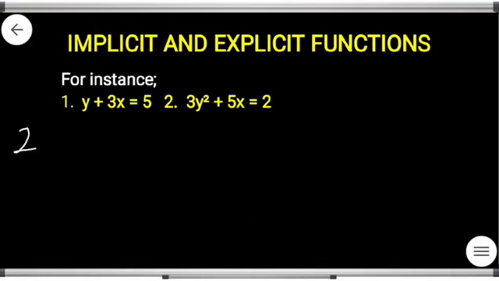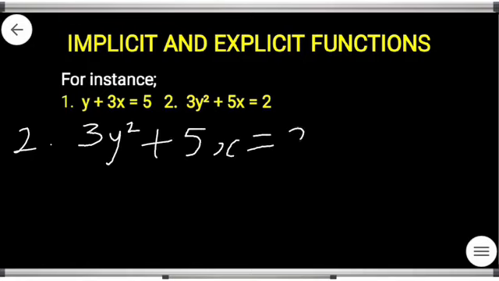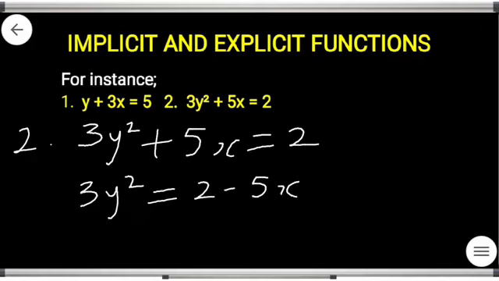Now, number 2, we have 3y square plus 5x is equal to 2. By subtracting 5x on both sides, we have 3y square is equal to 2 minus 5x.